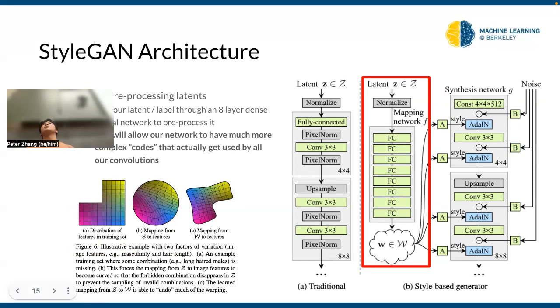The idea is that we might not be able to do this if we don't process this into a more intermediate, higher dimension latent space, right? And the idea is you should think that W is higher dimensional than Z here. Cool.